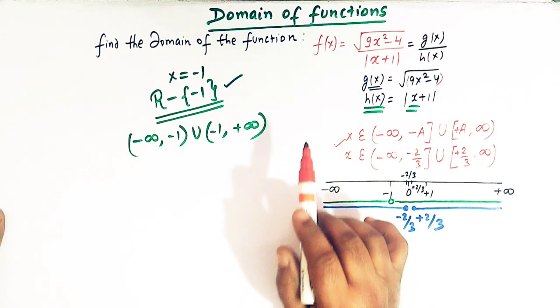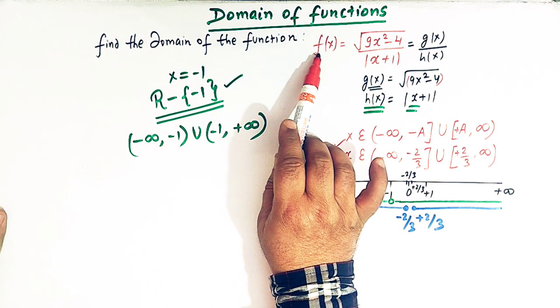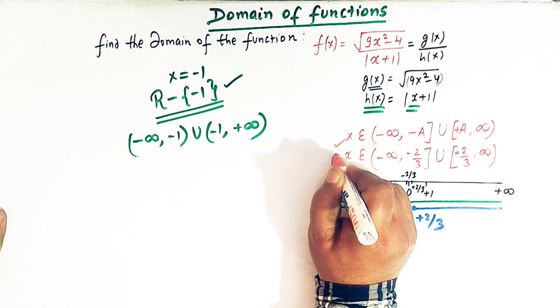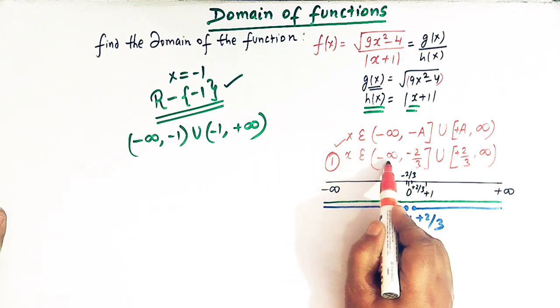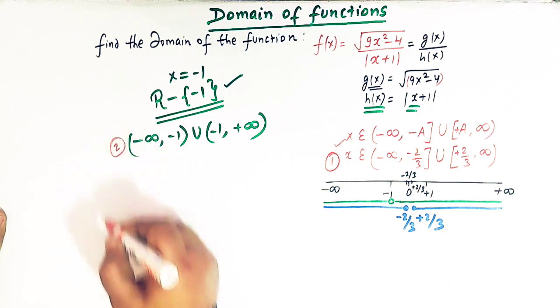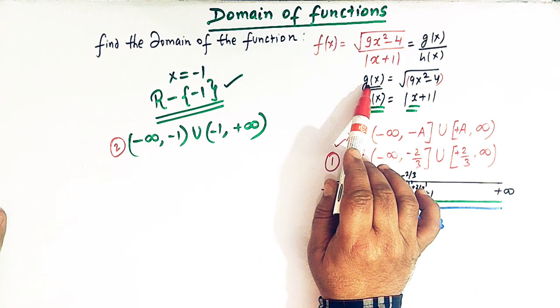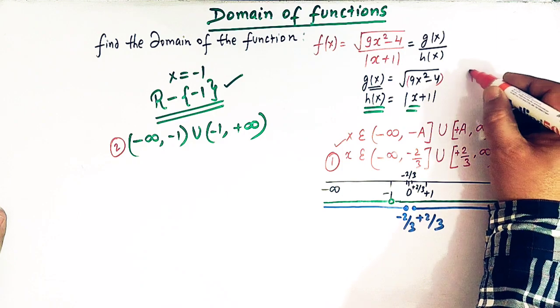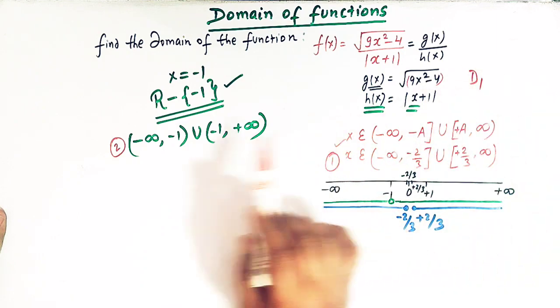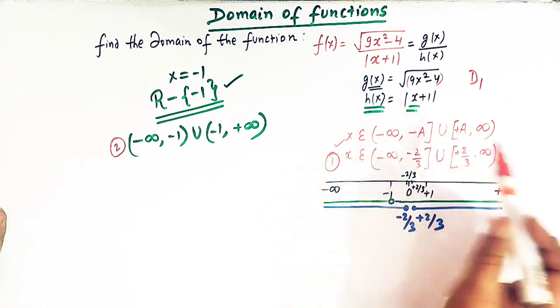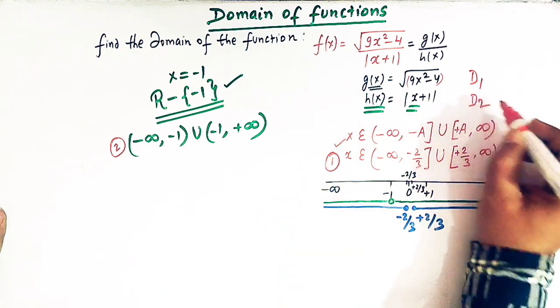Now to get the domain of f of x, we have to merge this domain and this domain, right? Let us call the domain of g of x as D1, and the domain of this function h of x as D2.